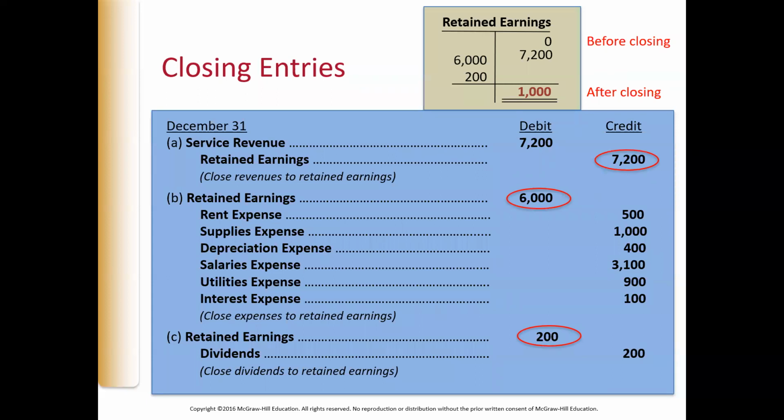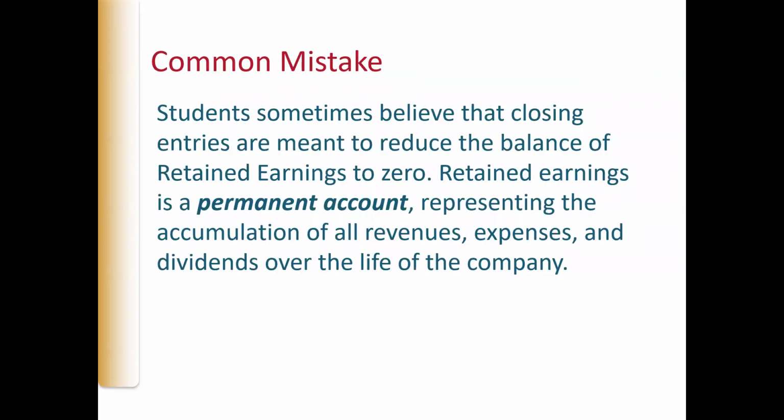So you see here, we started in this example with retained earnings with a zero balance. We added our revenues, subtracted our expenses and our dividends to give us a new ending balance in retained earnings. Retained earnings is a permanent account.